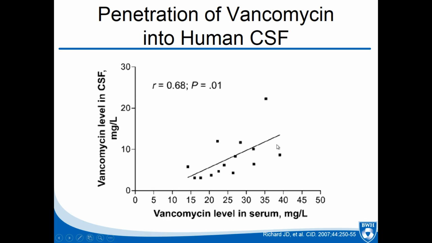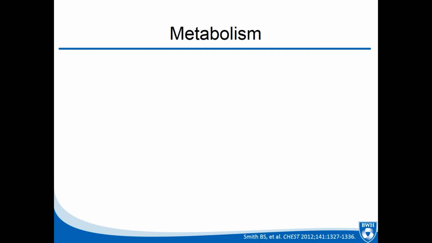And the same can be true for the CSF if we're treating, say, meningitis and vancomycin is being used. Again, to try to get to similar levels, 20 to 25 may actually be more appropriate to get us better levels at the site of infection than the usual considered 15 to 20.